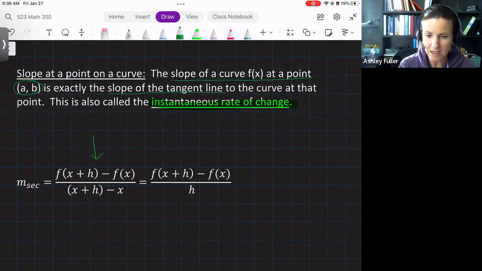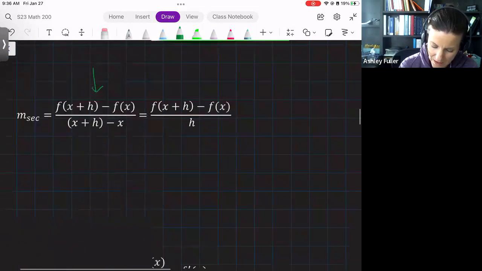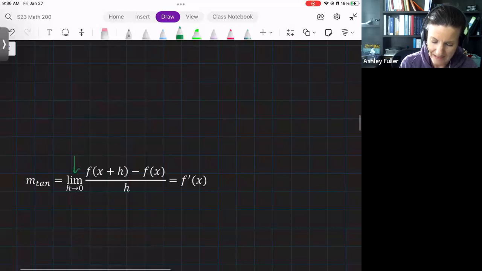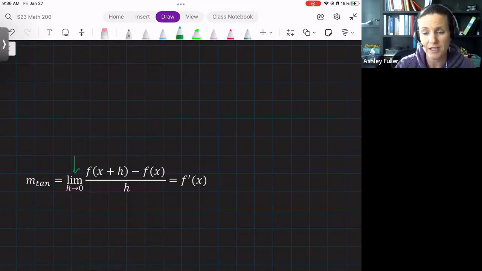But what we're doing here is taking that secant line formula and making h very, very small. So x and x plus h are getting closer and closer together, which is a limit. And that is what we call the slope of the tangent line. This is also referred to as the derivative of the function.